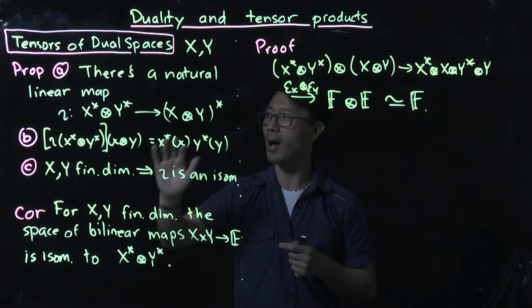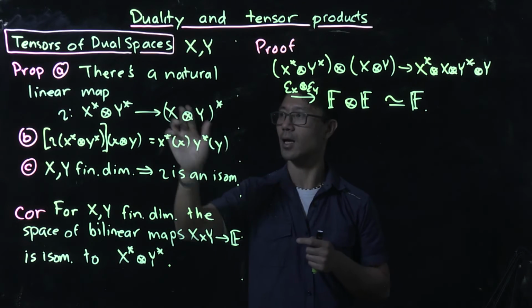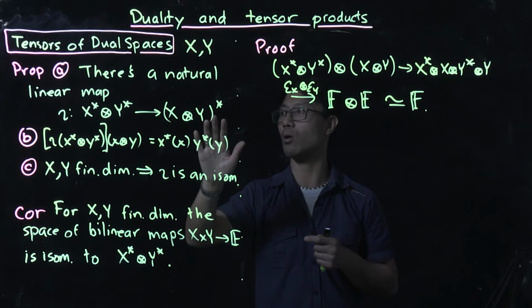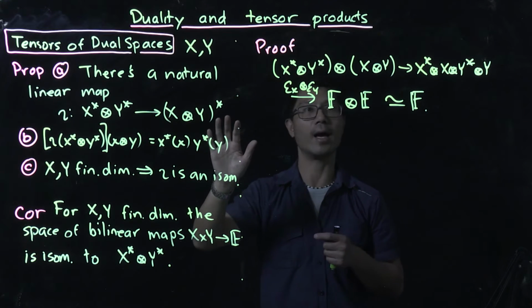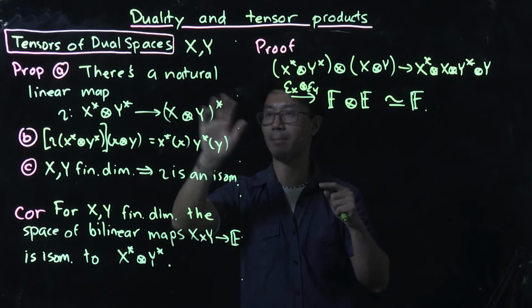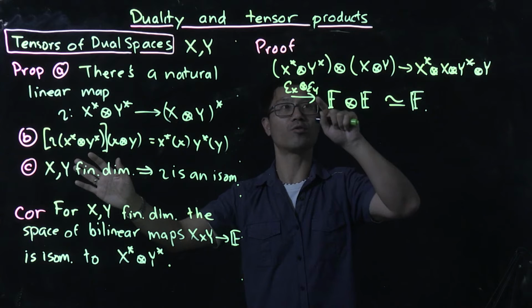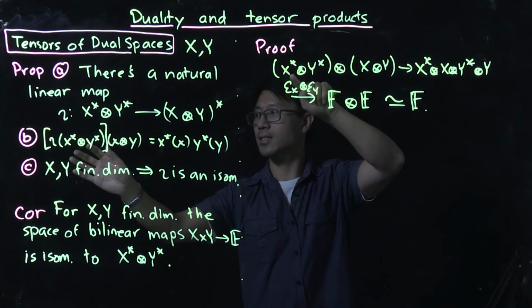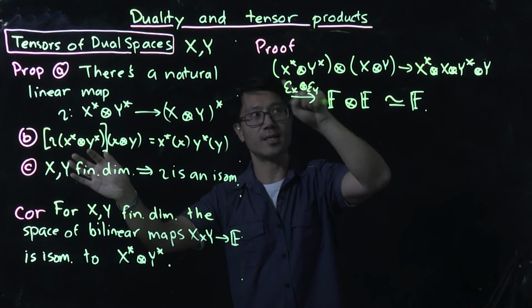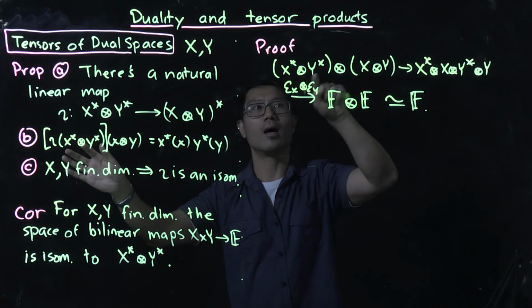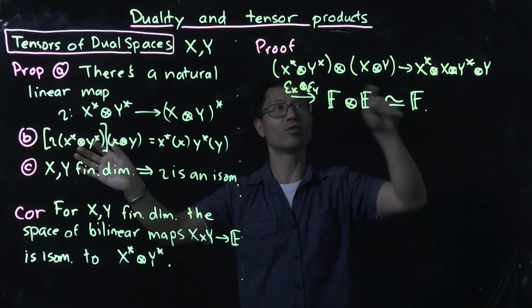So remember how this thing works here, the relationship between a pairing and a map. So how does that work here? Let's start. You've got X star tensor Y star inside here, and then you use this pairing.